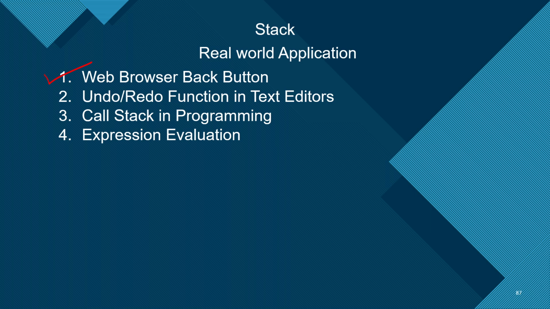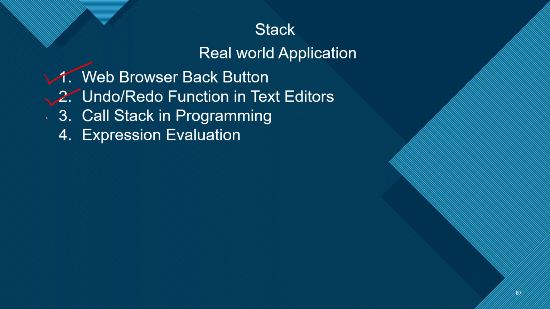When you type something in MS Word or PowerPoint and press undo, it removes the last action using a stack. Redo works the same way but with another stack. This is the use of stack in undo redo in any type of editor.